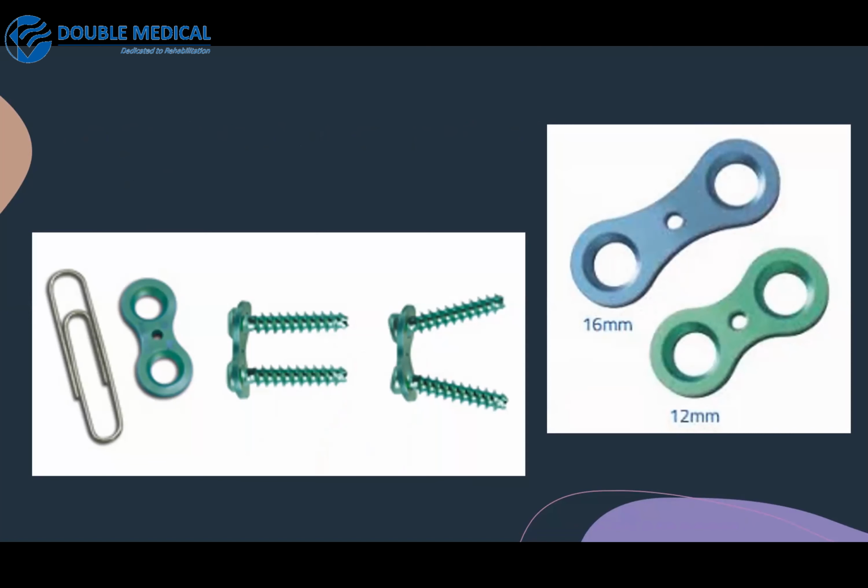So that's why earlier, some of the surgeons would use a recon plate because it's a bit wider.